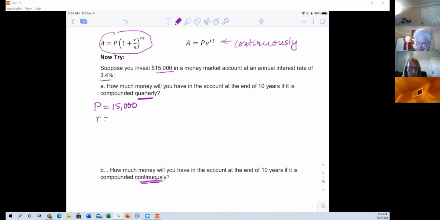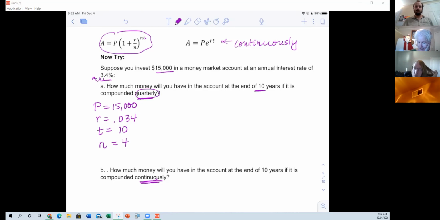So my interest rate is 0.034. Have to change the percent to a decimal. How much will you have in the account at the end of 10 years? T is the number of years. And then the N is the number of times it's being compounded. So N, quarterly, is 4.